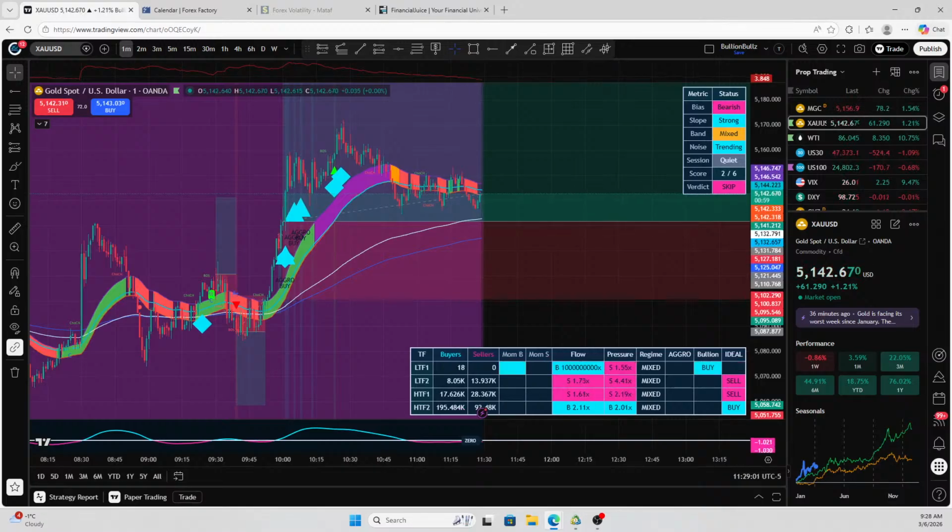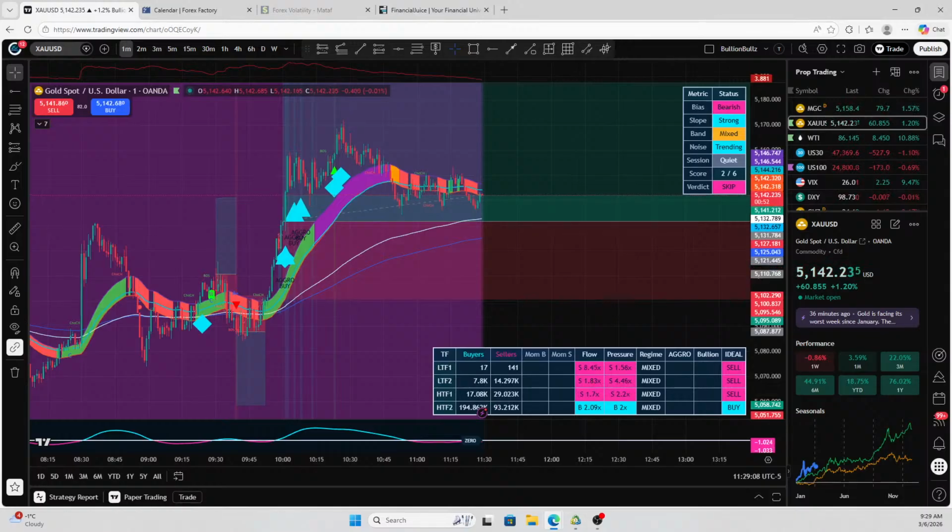One minute to close. 2.01, 2. This candle will decide pretty much. As soon as we see pressure going down, we will just close the trade. Okay, 1.99, guys. Get ready to close.